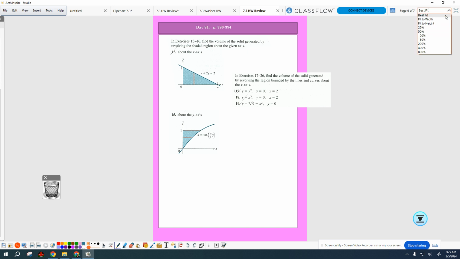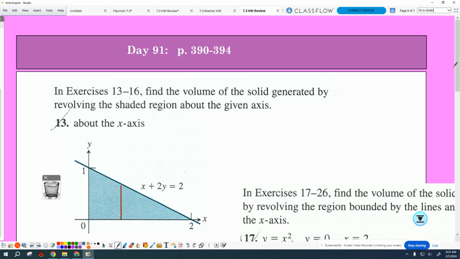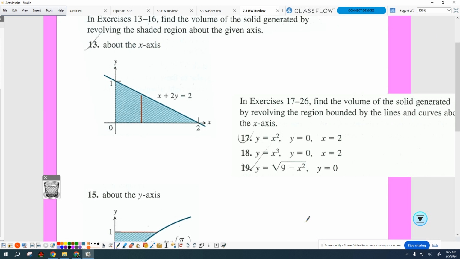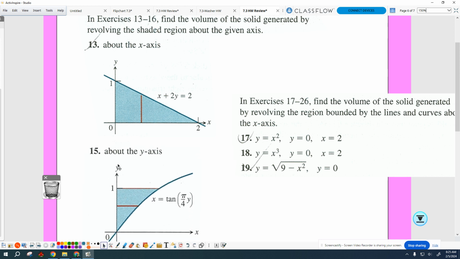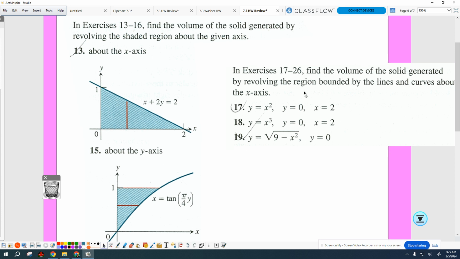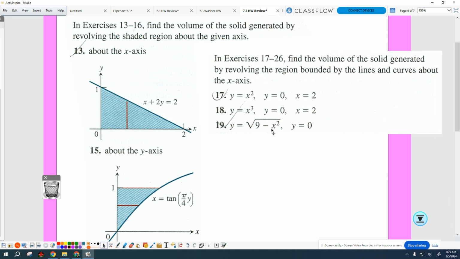Well, I didn't get home till 5, and then I did one till 5:30. It was fine. 4 hours sleep. But it's fine. I'm used to it now. Okay, guys, there's your whole 5 problems. 13 to 19 odd, so 13, 15, 17, 19, 4 problems.